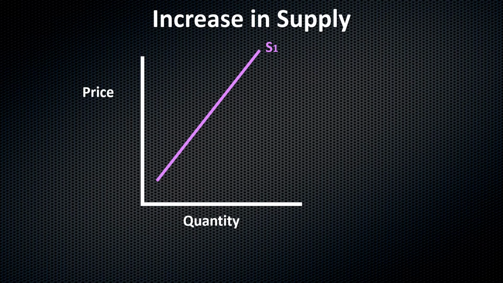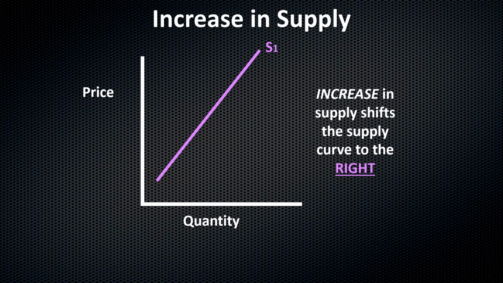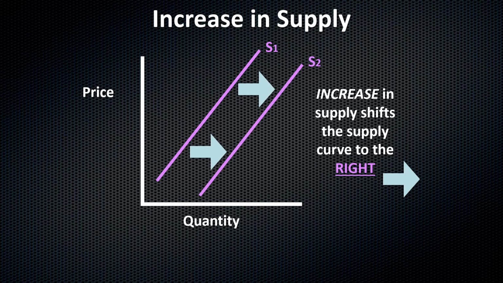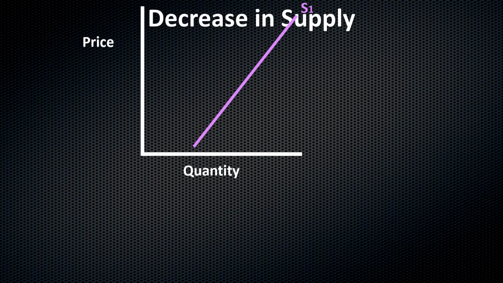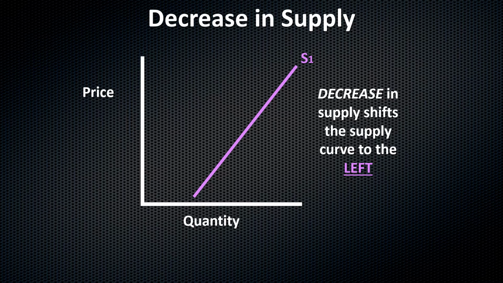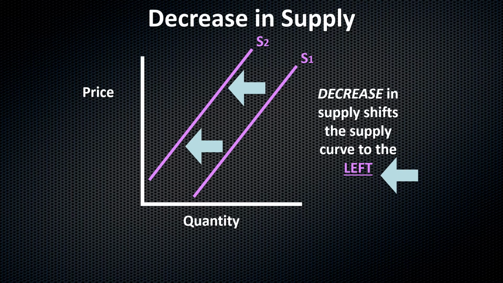So you see we have S1. An increase in supply shifts the curve to the right. See, S2. A decrease in supply is going to shift the curve to the left. Fascinating.